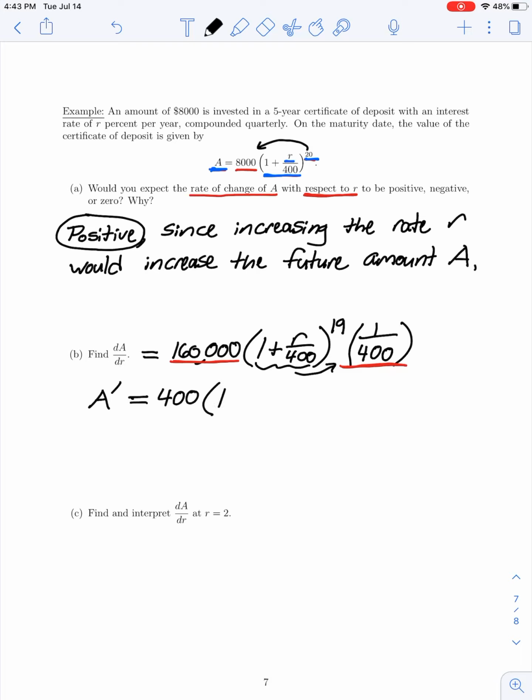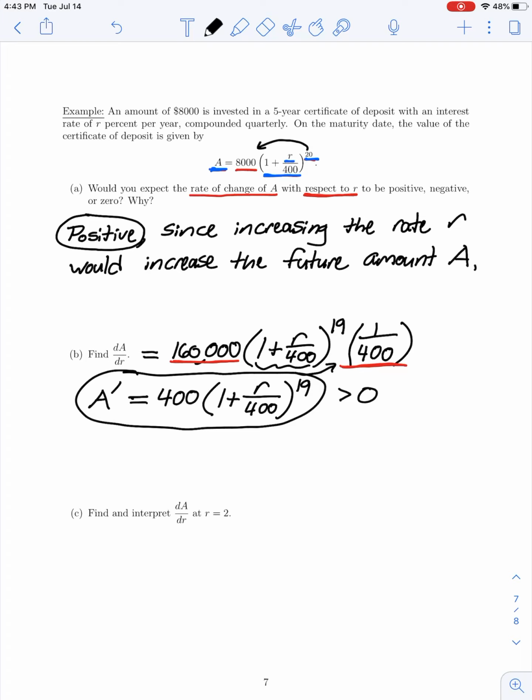And then we still have the 1 plus r over 400 to the 19th power. So this would be our expression for the derivative of the future amount with respect to the rate r. And as we expected in part A, we can see that this expression would be positive.